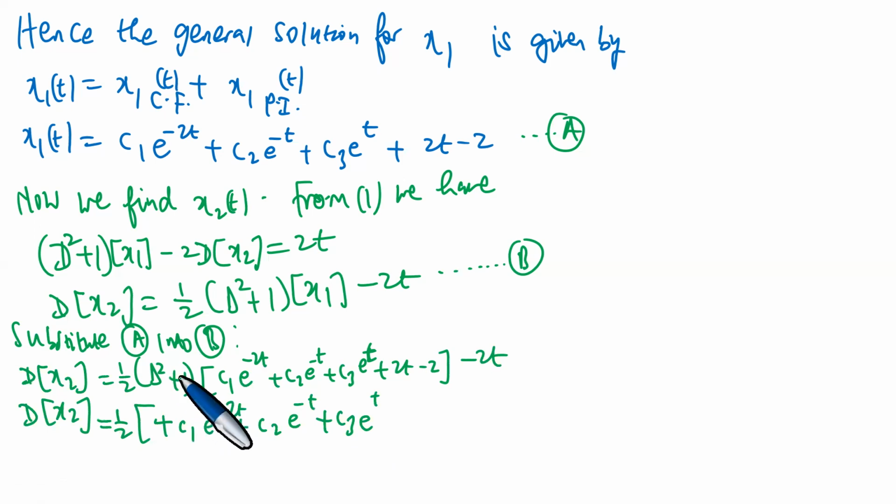We now just multiply everything by 1, keeping the half outside. So it's just going to become c1 e to the -2t, c2 e to the -t, c3 e to the t, 2t minus 2.